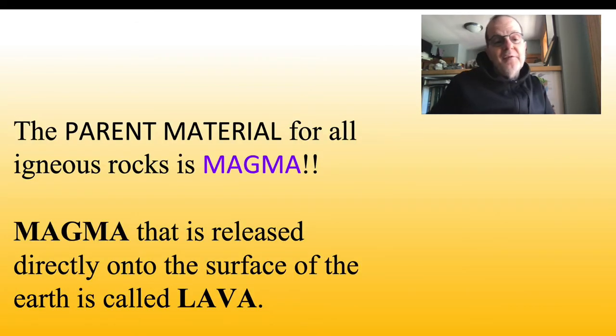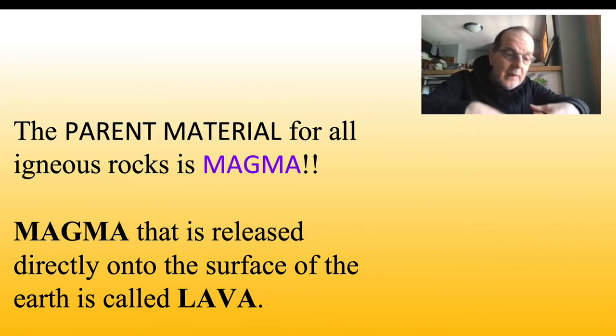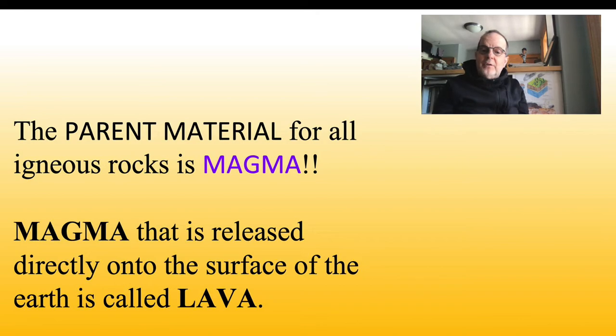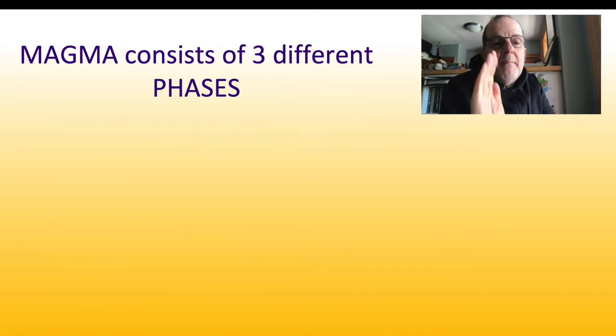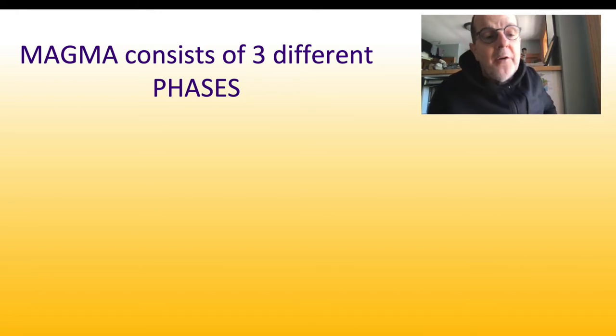The parent material for all igneous rock is magma, but you should know that magma that is released directly onto the surface of the earth is called lava. Magma in the earth, lava near or at the surface. Magma consists of three different phases, like any form of matter we're familiar with on the earth.